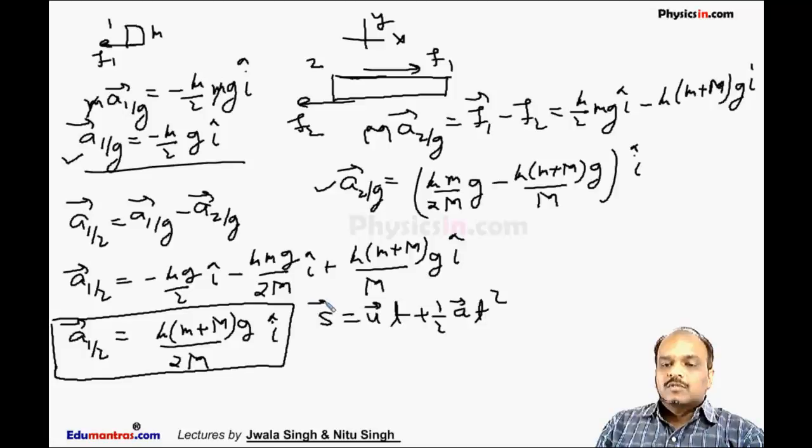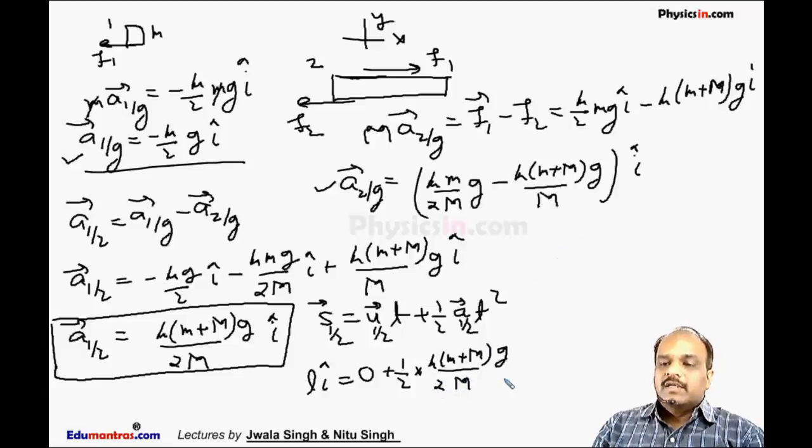So the displacement of 1 with respect to 2, which is L î, equals u of 1 with respect to 2, which is 0 because they are moving with the same speed initially, plus 1/2 times acceleration of 1 with respect to 2, μ(m + M)g/2M, into t square.